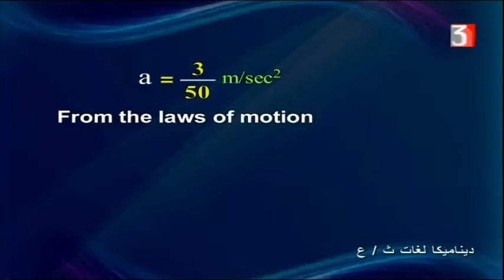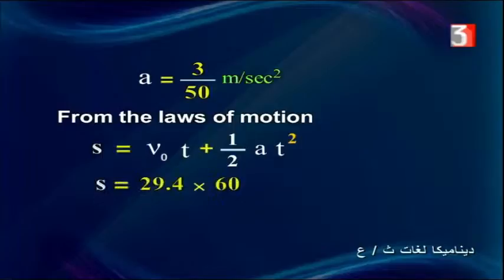And from the laws of motion, S equals v naught t plus half a t squared. Then the distance S, the initial velocity of the remaining part, equals 29.4, which is the uniform velocity of the train before the separation moment.